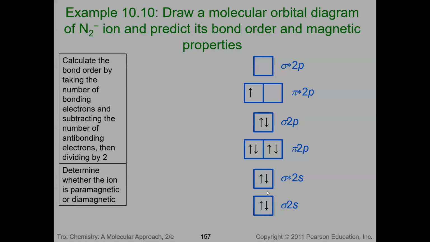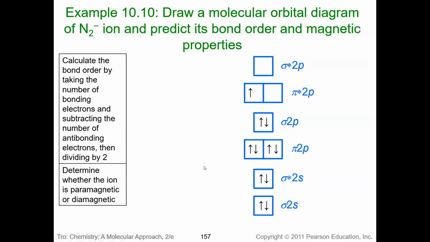So when we do this, we look at our bond order first. We can see there's going to be one unpaired electron, right? So let's look at our bond order. We look at the number of electrons in our bonding orbitals. That's a bonding, this is a bonding, this is a bonding. So we've got 2, 4, 6, 8.